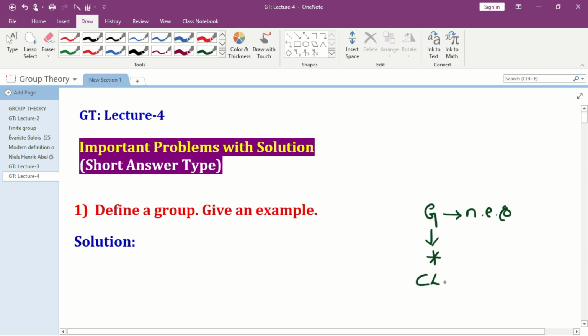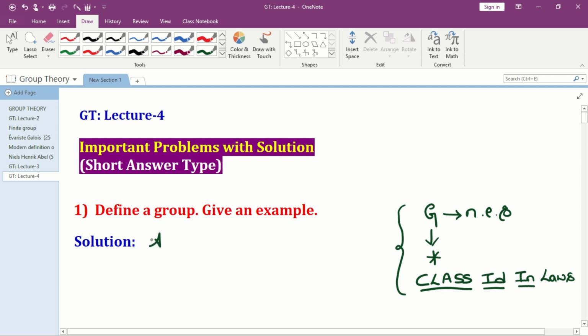We shall remember like this: class, ID, in-laws. So class means closure and associative, ID means identity, in means inverse. If you remember these points, you can write or define a group like this.